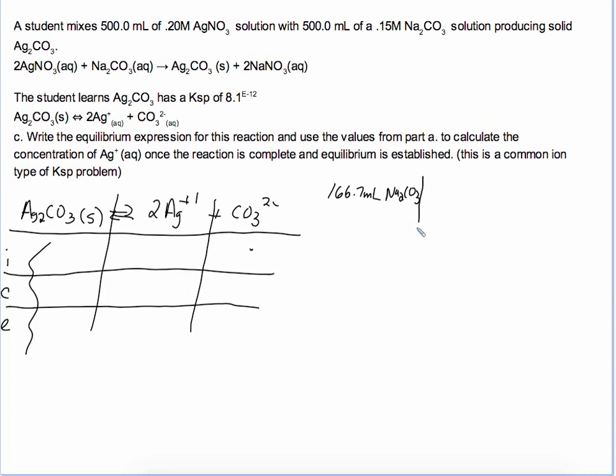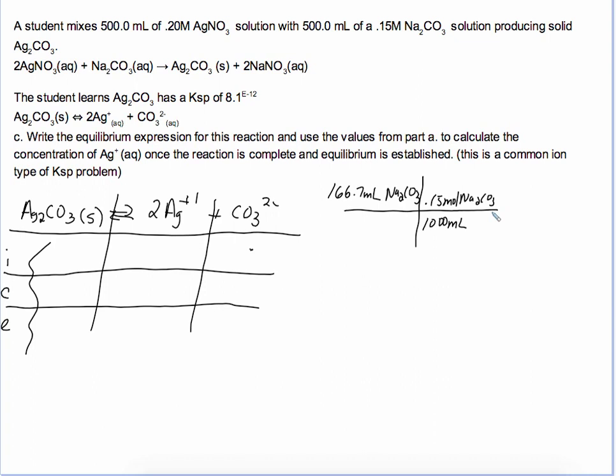What's the molarity of our sodium carbonate? Basically we're going to take the volume of it and the molarity of it, and that's going to be 0.15 moles of sodium carbonate, Na2CO3, in 1,000 milliliters.